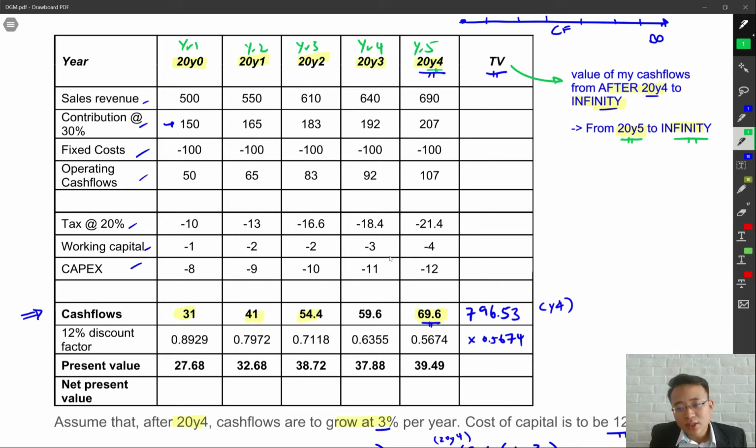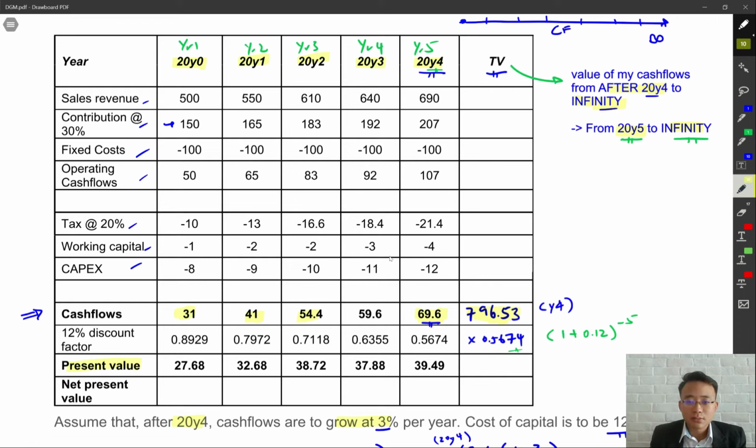So this was calculated by (1 plus 12%) to the power of minus 5. From year 5, bring it back to now. You can try it out. 1.12 to the power of minus 5, you will get 0.5674. So you take this number, 0.5674, times your terminal value, and you would find the present value of it.